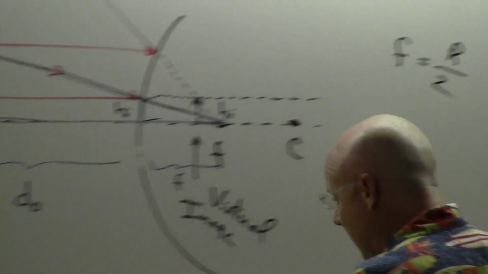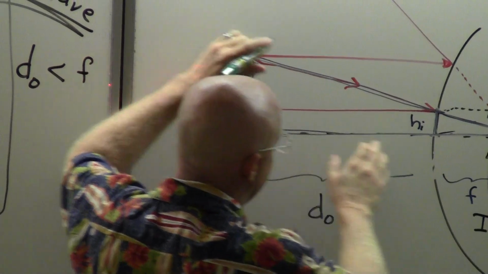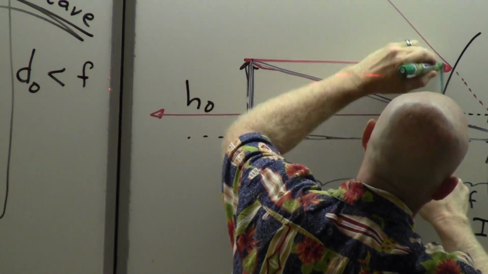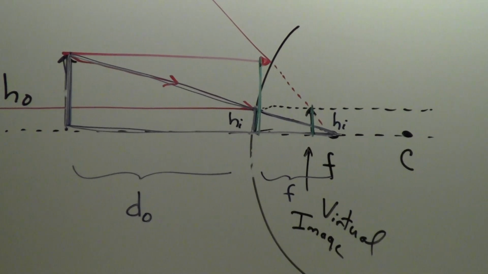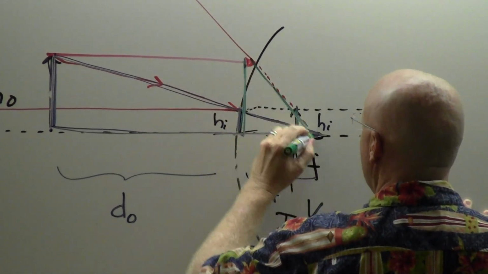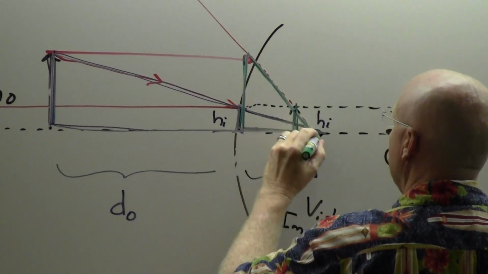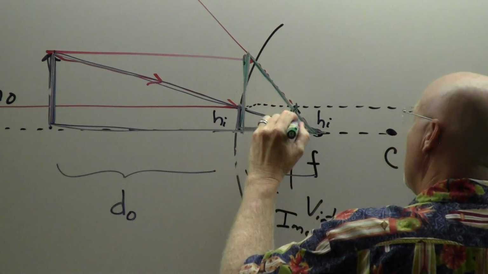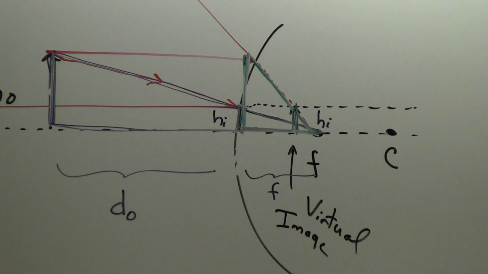And then the other set of triangles, the green one, would be the same set I've been doing, which would involve the projection of the object into the mirror together with the actual image. Oops, dropped my marker. And so I would have something that looks like this. And so I would have a small green triangle inside of a big green triangle.